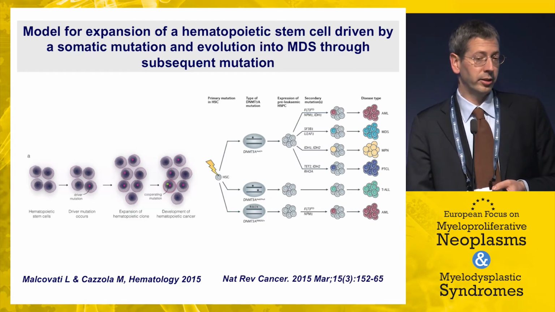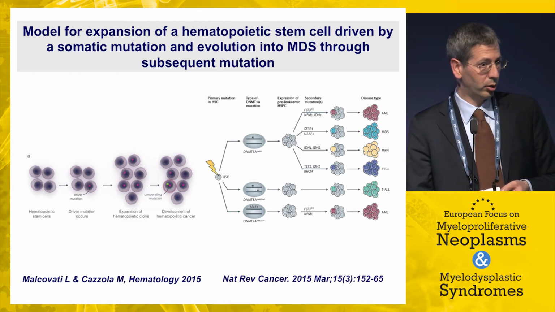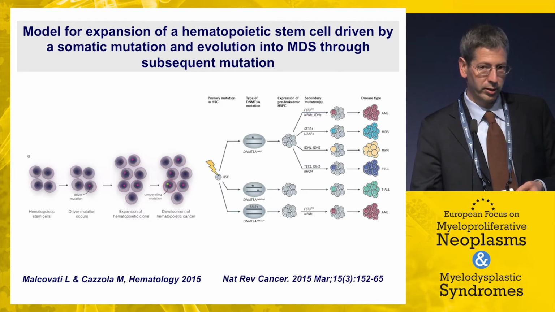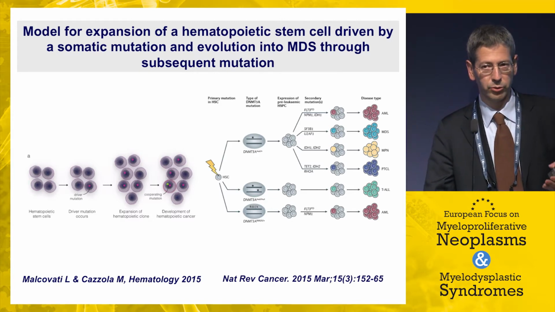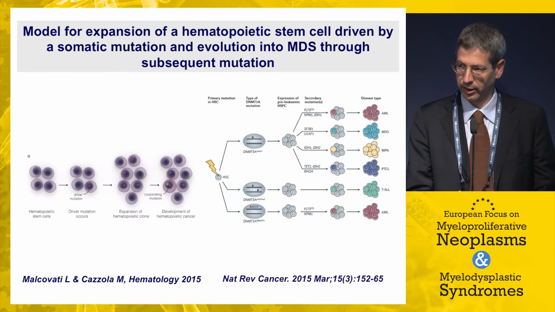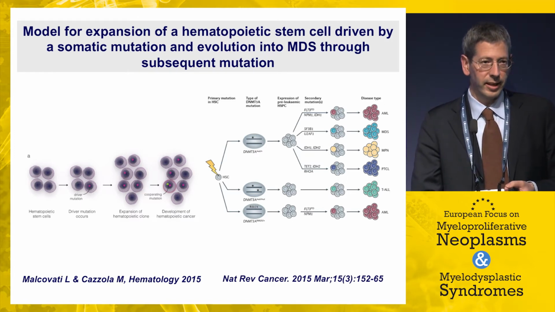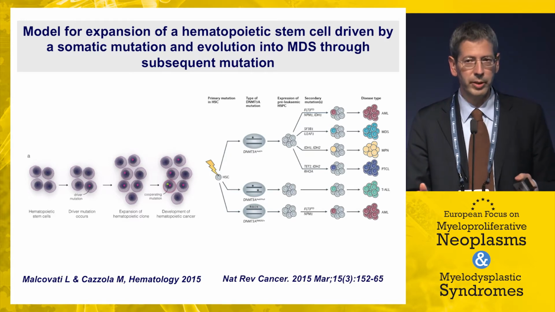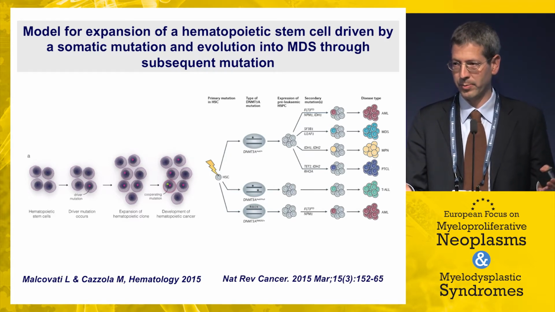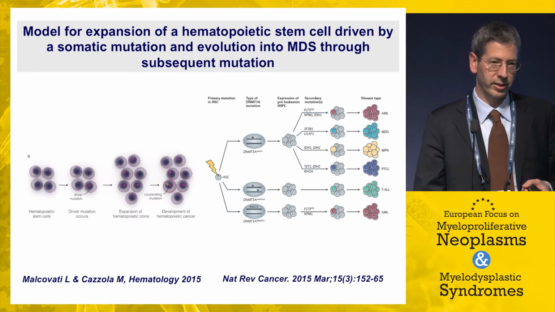And then the occurrence of additional cooperating mutations is required to transform the cells and to drive the expansion of the neoplastic clone. And it is this second genetic hit that is determining the type of neoplasm that is arising.